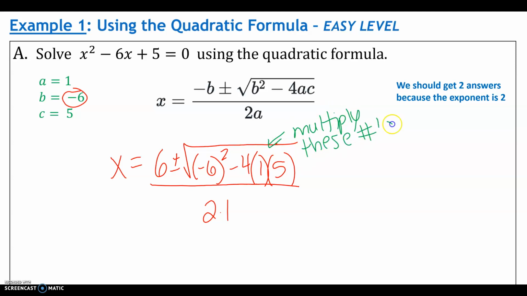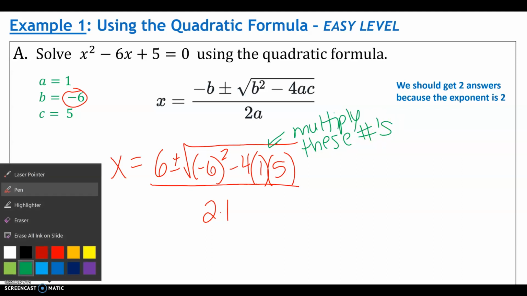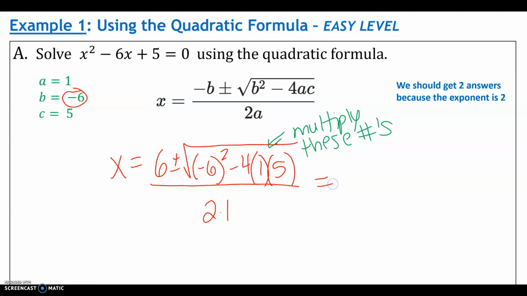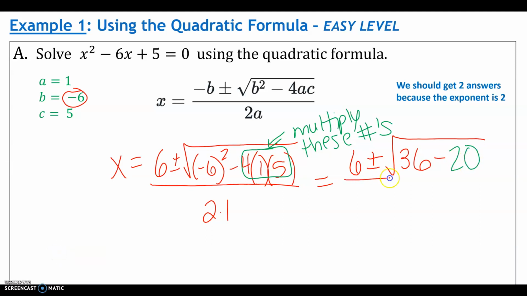That's the number one mistake: kids forget to multiply. So we'll simplify this a little bit. You get 6 plus or minus the square root of 36 minus, and now you do these numbers together: 4 times 1 times 5, which is 20. And then we're going to divide that by 2.